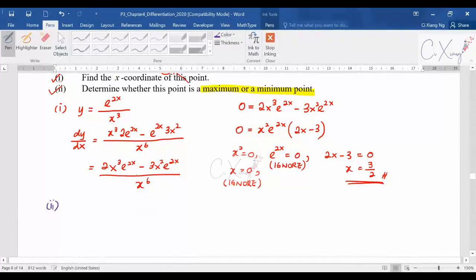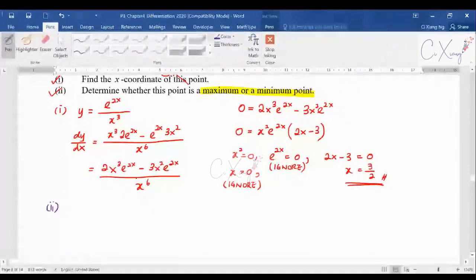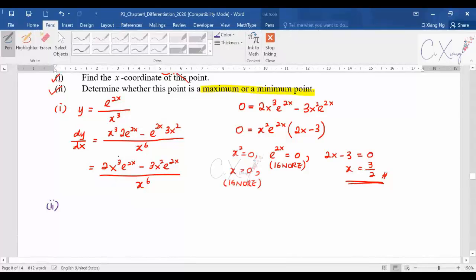If you want to continue to differentiate, you have to apply the quotient rule again, and you have to apply a very tough product rule on top of that. So this equation will be very, very hard to differentiate a second time. That's why the table method that we learned before is important now.